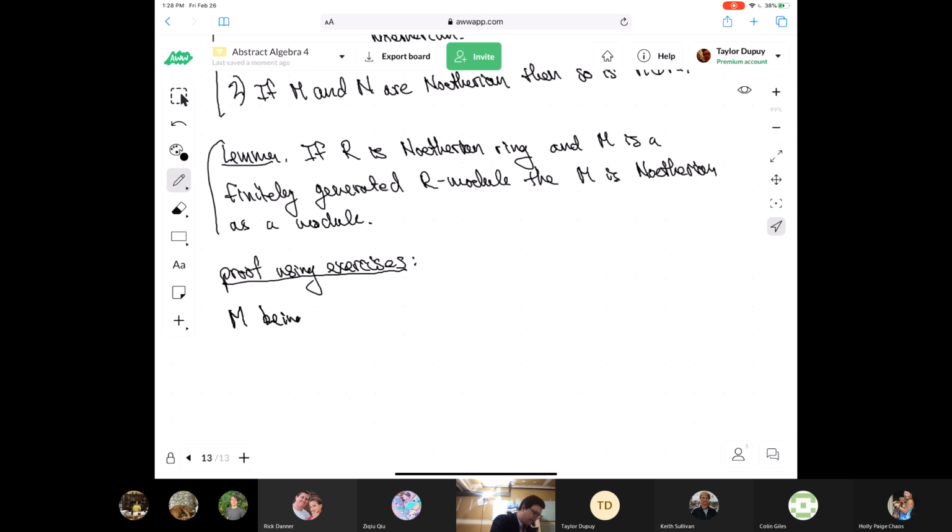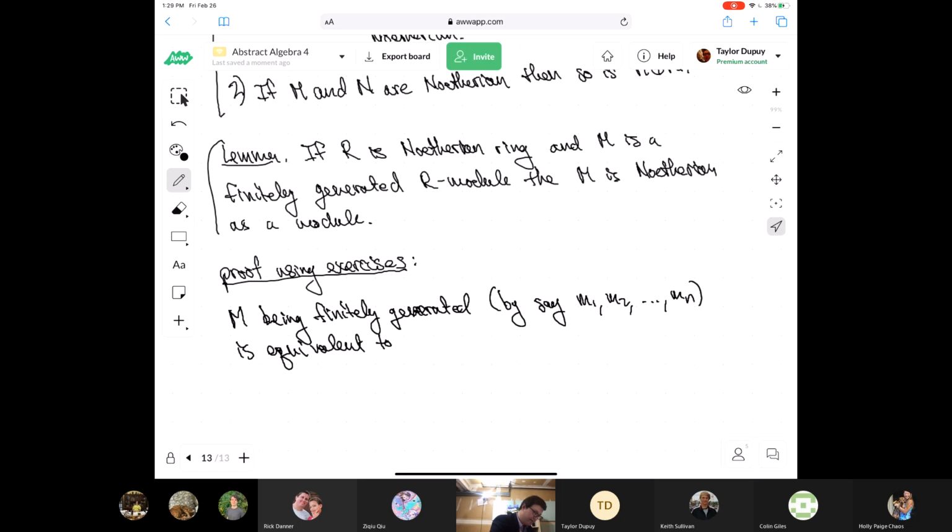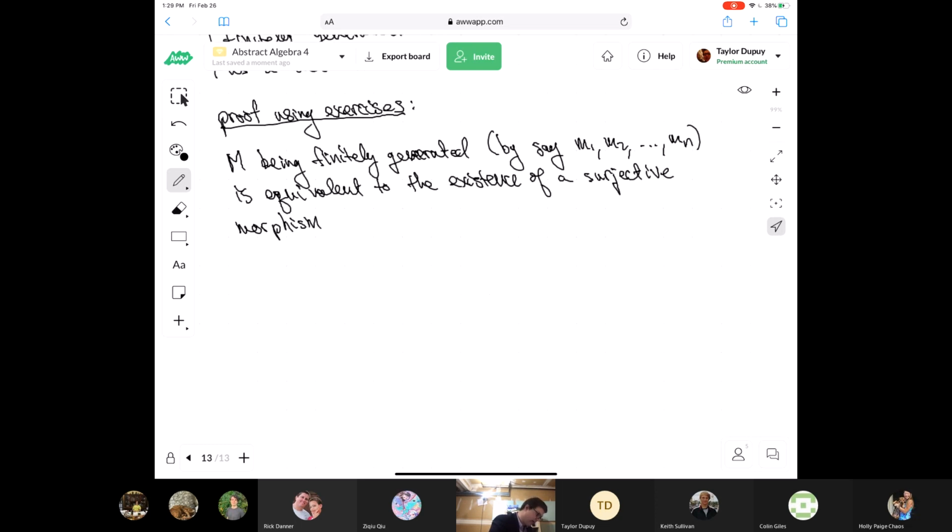M being finitely generated, let's say by a finite number of elements m1, m2, up to mn, is equivalent to the existence of a surjective morphism from R to the n to M.